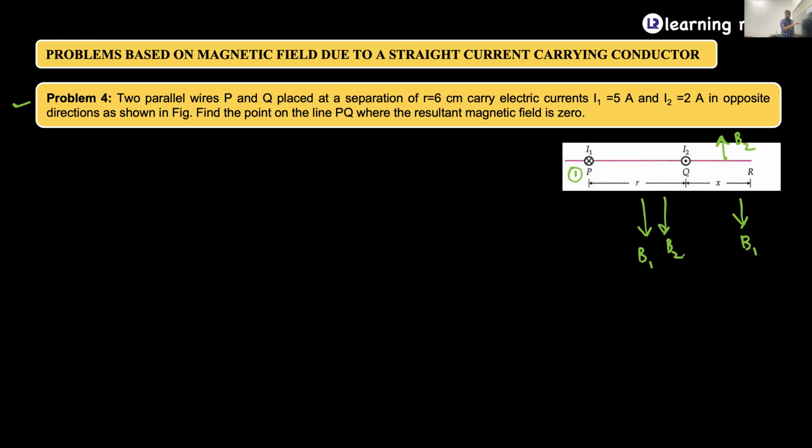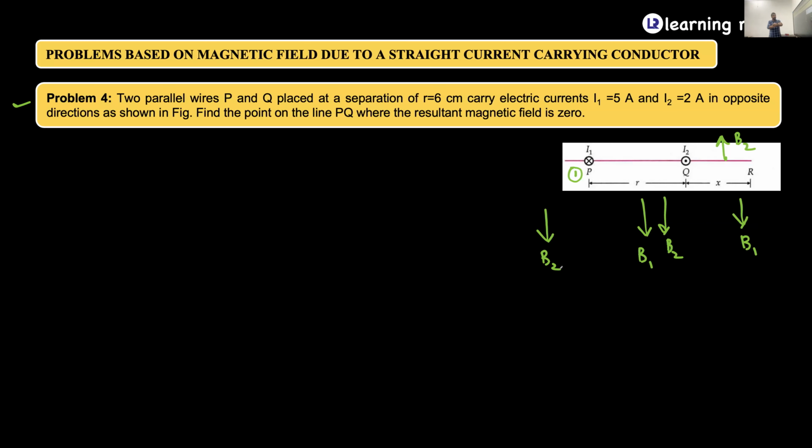So here also it is downward. Here also it is downward. The reason why I'm taking three places is because one I'm considering on the left of both the conductors, one in between the conductors, and third completely on the right of both the conductors. I hope it makes sense, right?